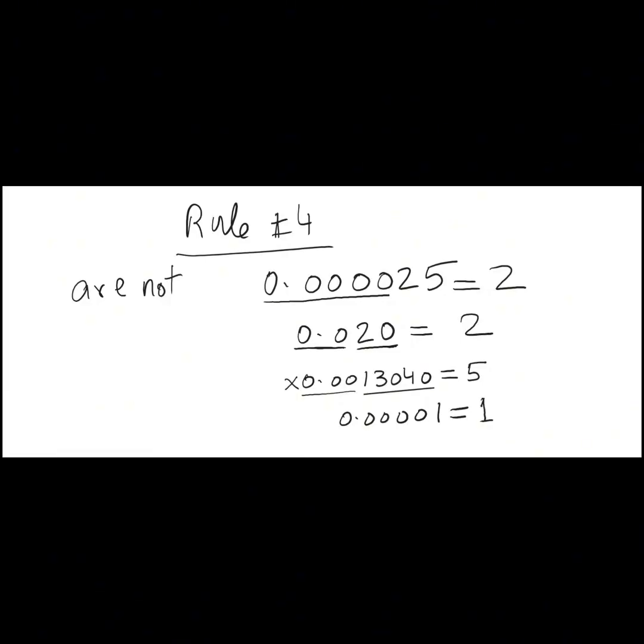Rule number 2, if 0 is in between two significant digits, then 0 is considered as significant figures. Rule number 3, if there is a decimal and 0 is a trailing 0, then 0 is a significant number. Rule number 4, if 0 is a leading 0, then 0 is not a significant number.